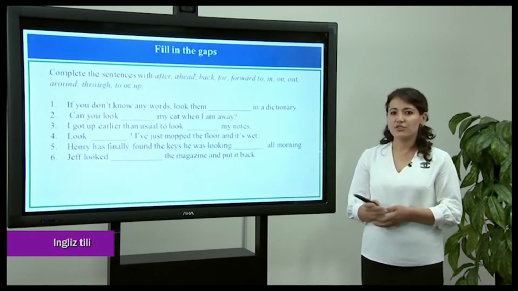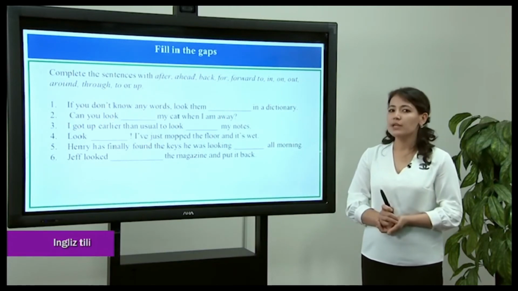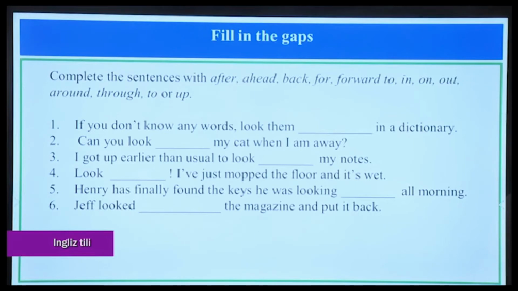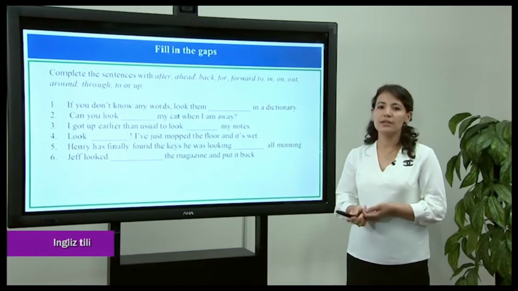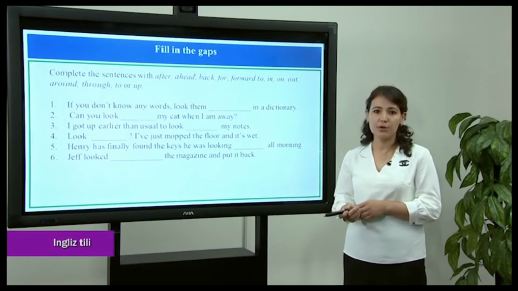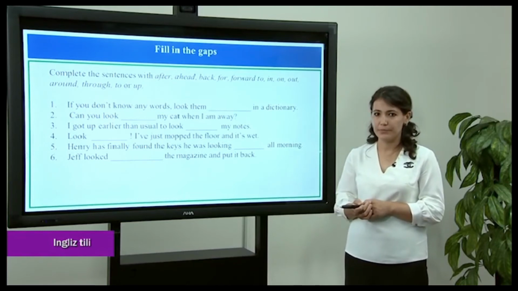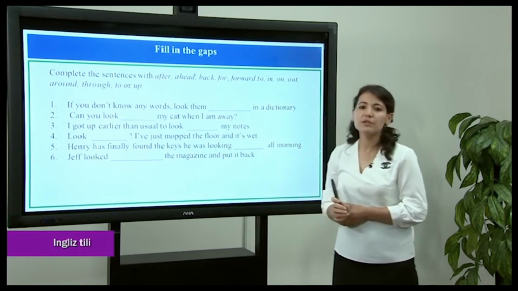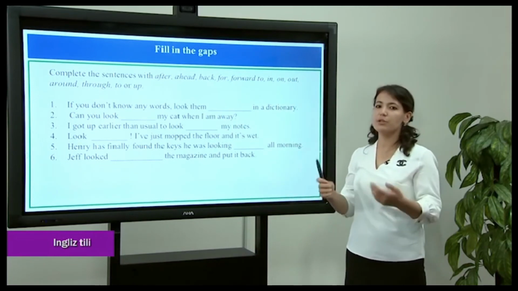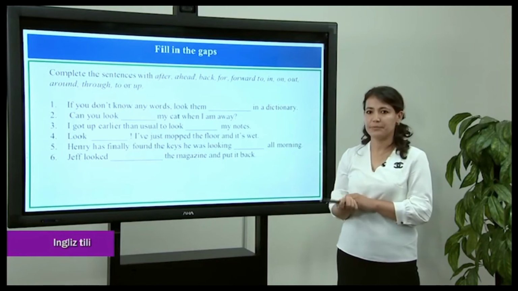After giving such kind of information, you can give a task: fill in the gaps. In this task, you will give the base verb in the sentence, but you will not give the preposition or adverb part of the phrasal verb. From the list given, your pupils should find out a suitable preposition or an adverb.